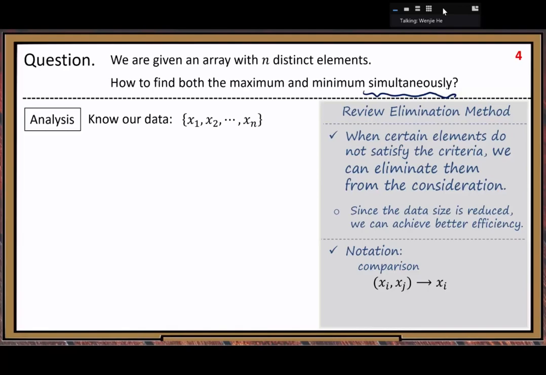Not the smaller element. If you want to make the smaller element the winner, you should say it. So that's your rule. You need to tell people your rule. If you do not tell people what the rule is, then by default, people treat the larger one as the winner. The default case.